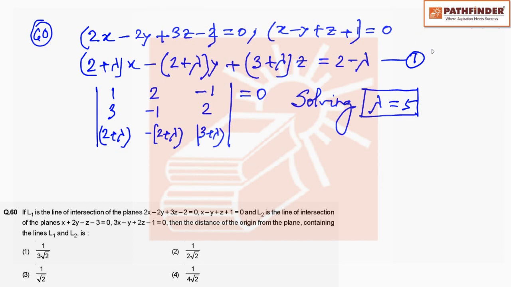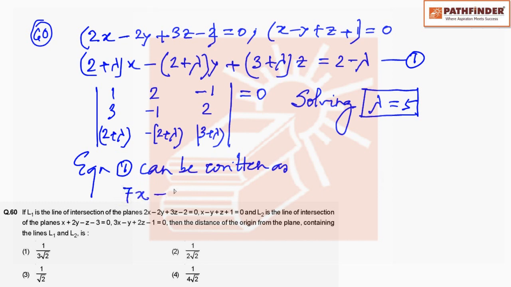So equation 1 can be written as 7x minus 7y plus 8z plus 3 equal to 0.